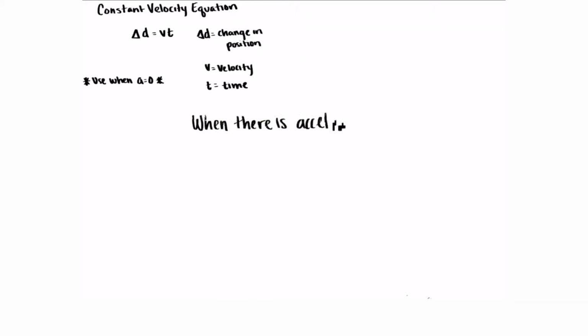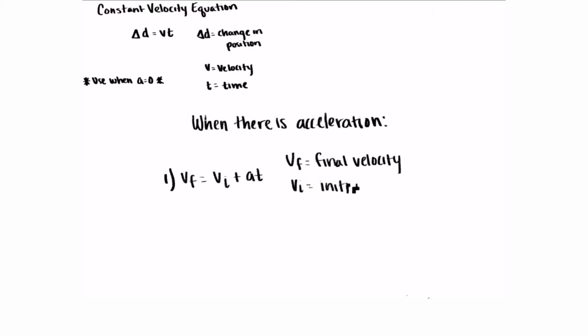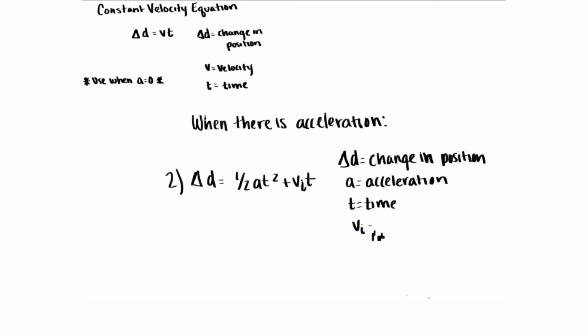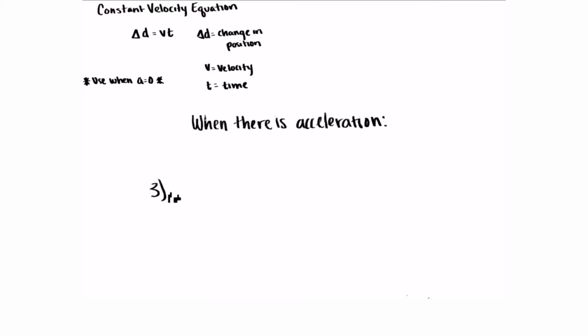When there is acceleration, you have several options. 1. Vf is equal to Vi plus At, where Vf is final velocity, Vi is initial velocity, A is acceleration, and t is time. 2. Delta d is equal to 1/2 At squared plus Vit, where delta d is change in position, A is acceleration, Vi is initial velocity, and t is time. 3.